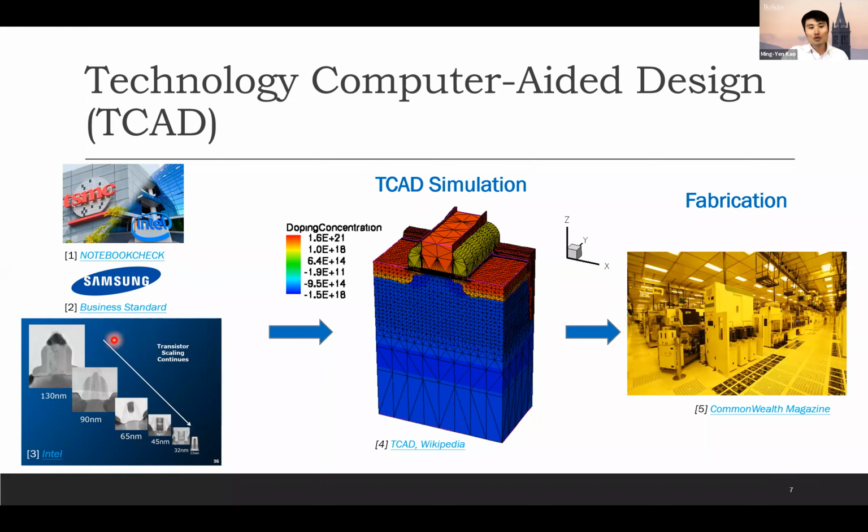And to keep developing the technology, before these foundries put their transistor design into fabrication, they have to run some simulation to make sure their transistor design is physically correct. That's how technology computer-aided design comes in, abbreviated as TCAD. The TCAD simulation is composed of two components.